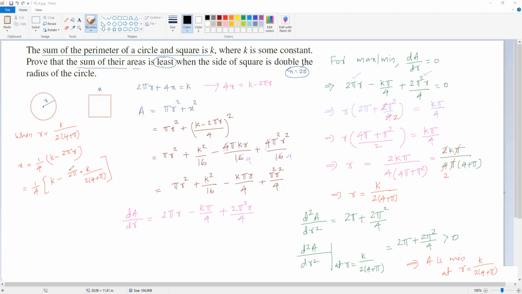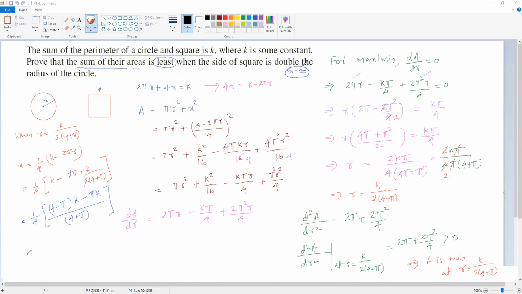So ये 2 कट हो जाएगा. 2 कट करेंगे. So which is 1 by 4 into, it is 4 plus pi into k minus pi k, the whole divided by 4 plus pi.